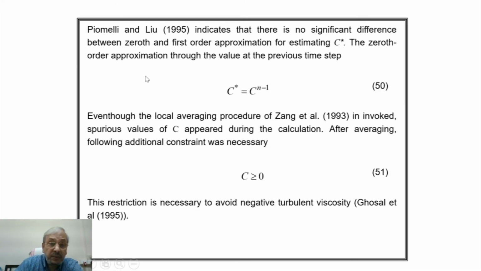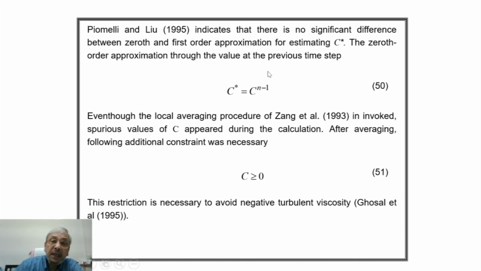There are several justifications. Piombili and Liu indicate that there is no significant difference between 0th and first order approximation for estimating C star. The 0th order approximation is through the value at the previous time step. So whatever was calculated at the previous time step, that means Cn minus 1, if n is the ongoing level of calculation, can be called C star. Even though the local averaging procedure will come to that later.